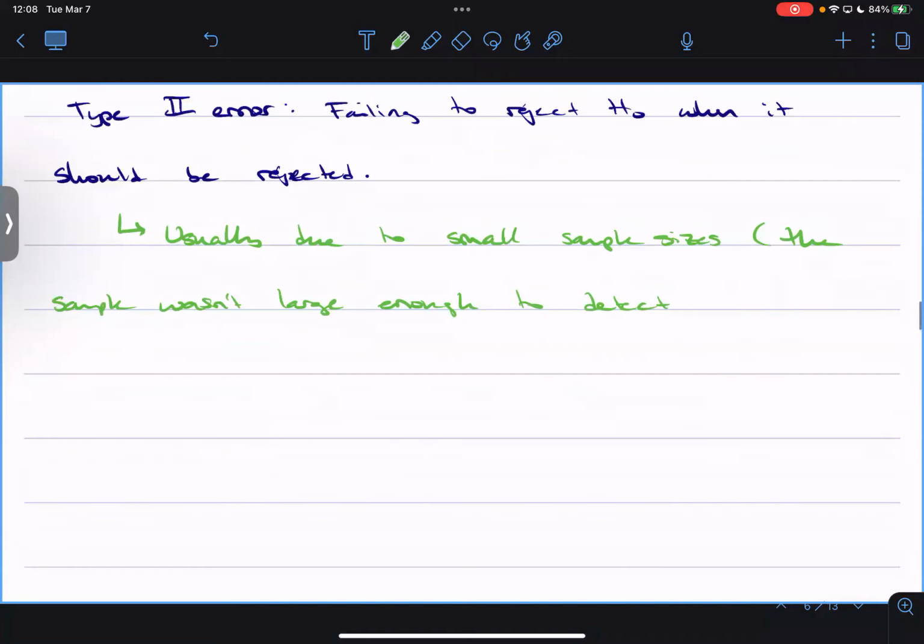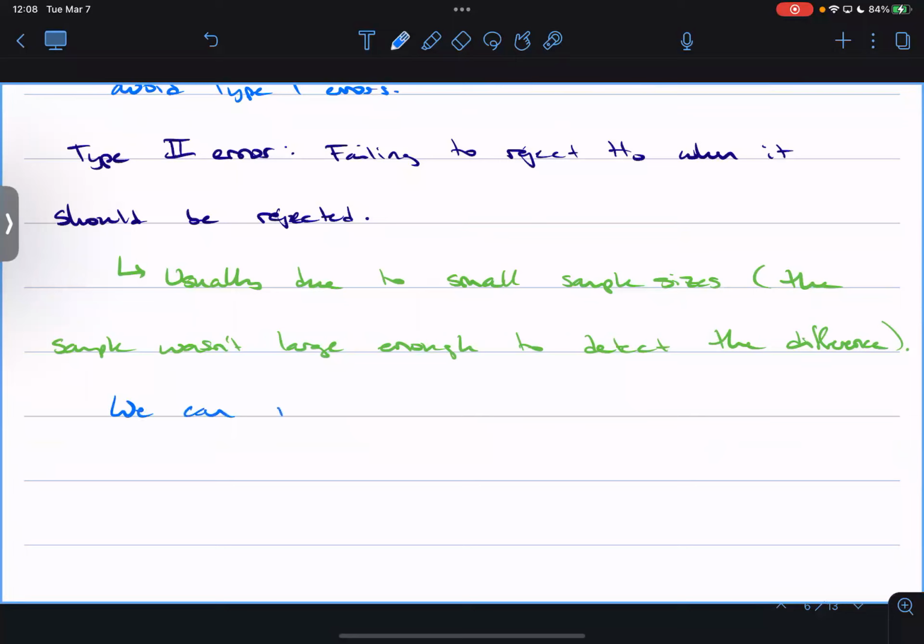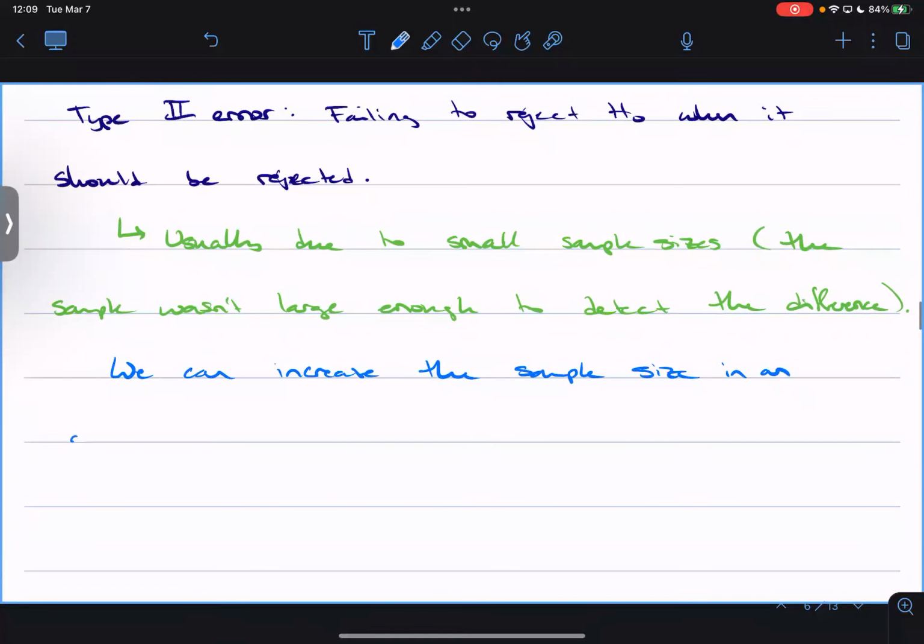The only way we can avoid type 2 errors is to increase the sample size.